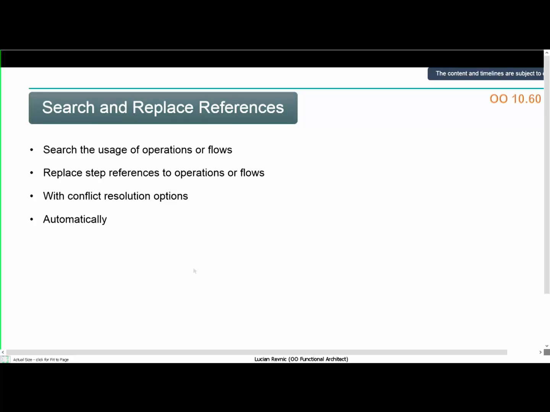The main scenario is, for instance, when you are using a certain operation or a flow and you want to replace it with another operation or flow, but you want to avoid doing it one by one.